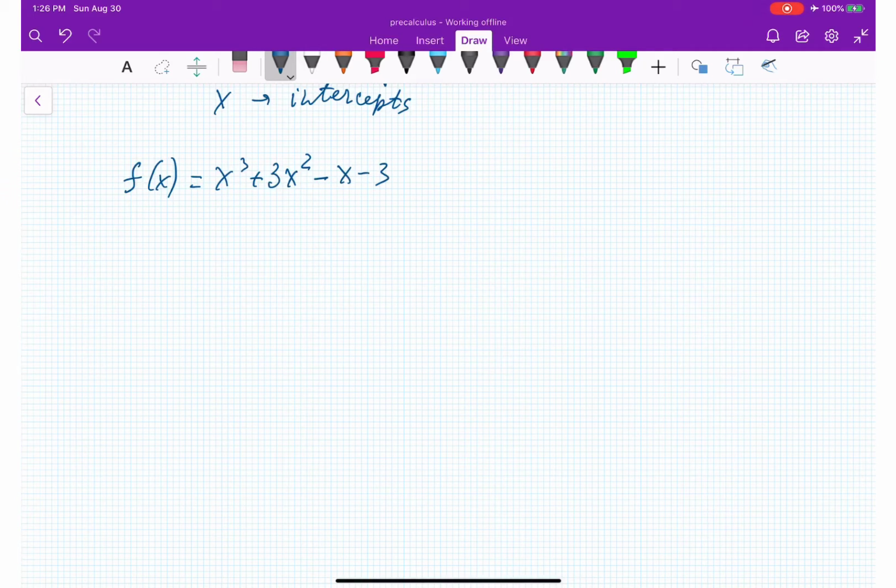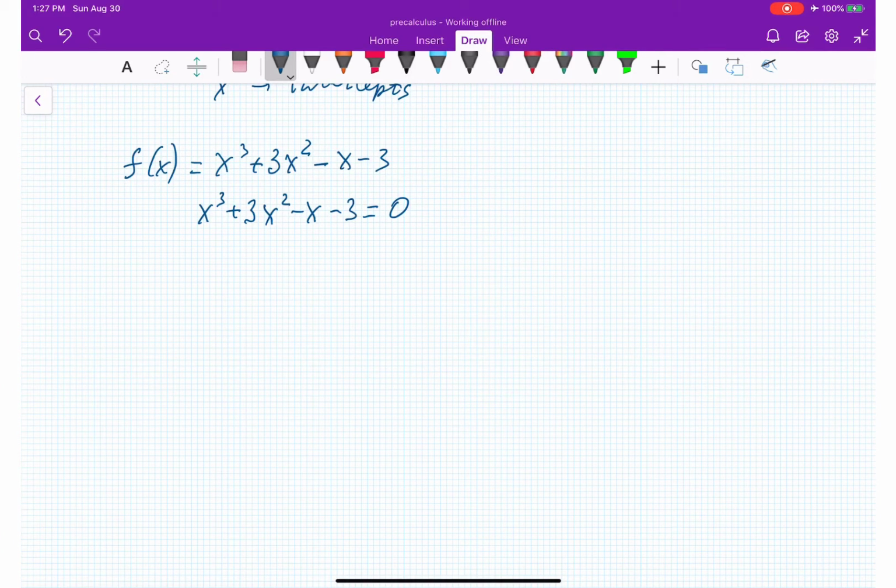So I am assigning this polynomial equal to 0, because I have to assign it to 0 to find the values of x, and those will be my zeros, the values of x.